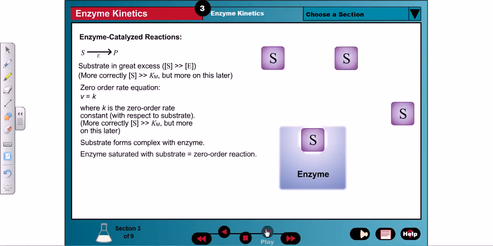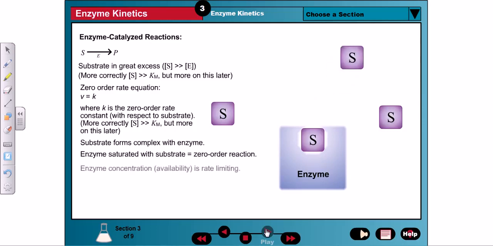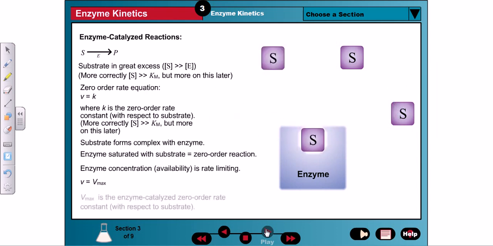Brown correctly deduced that a zero-order reaction with respect to substrate occurred when the enzyme was saturated with substrate. Essentially, the limited number of active sites put a ceiling on how fast the reaction could proceed. Because the enzyme concentration is rate-limiting, the rate is independent of substrate concentration. The zero-order rate constant is referred to as the maximal velocity, or Vmax.